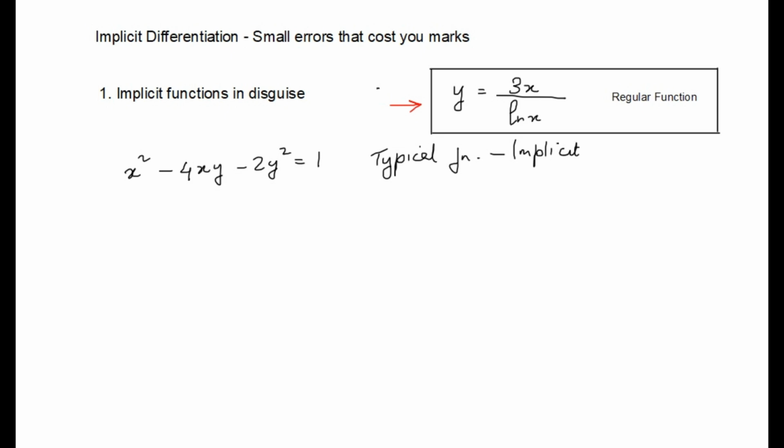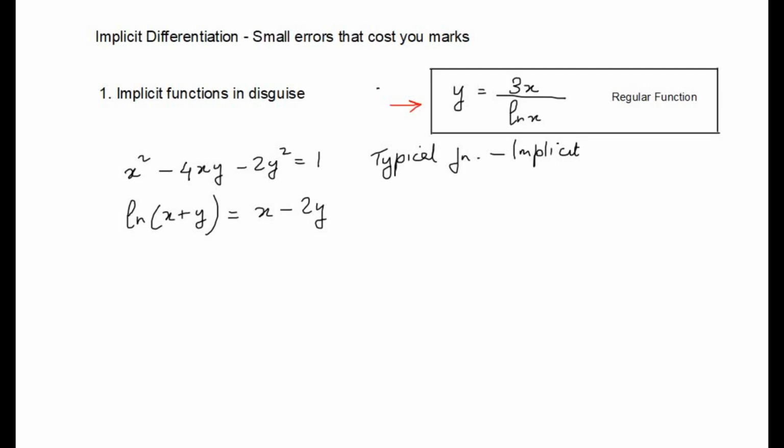This example was taken from an actual paper 3 past paper. I'm going to put down a few more examples that I've pulled out from your past papers. The first one is like this: log x plus y is equal to x minus 2y. Here we notice that the x and y variables are intermingled.